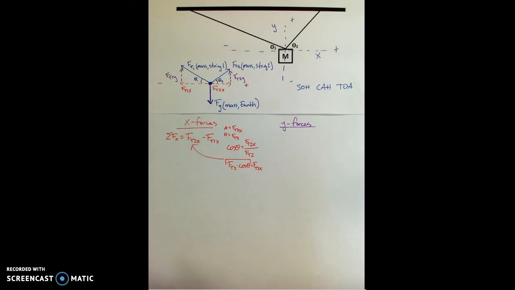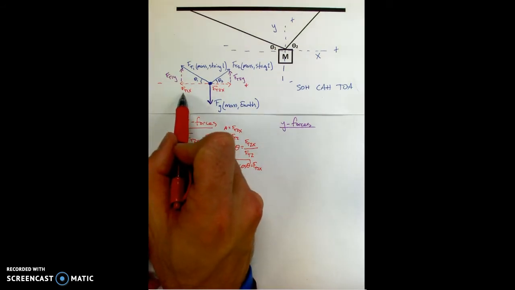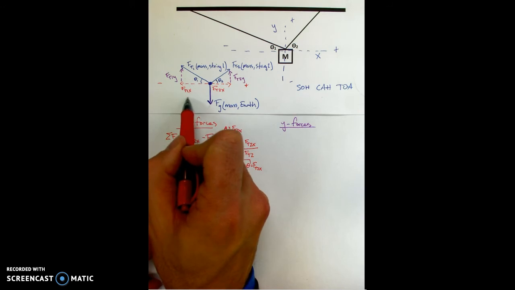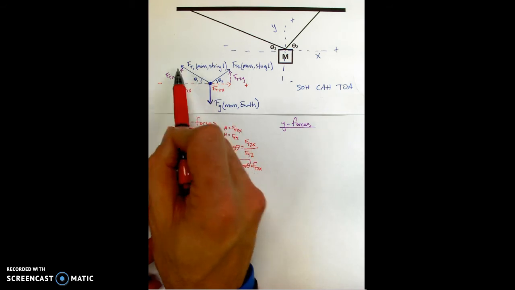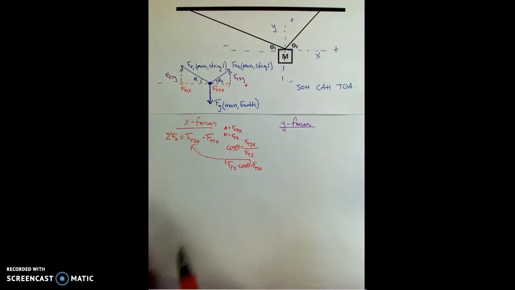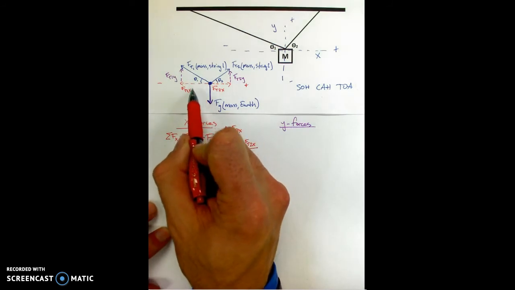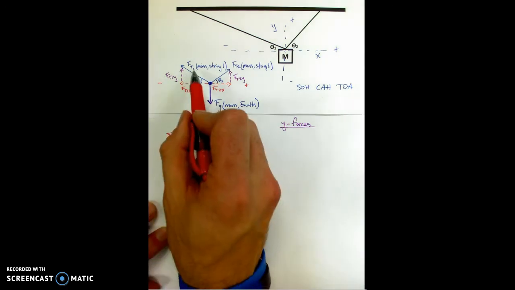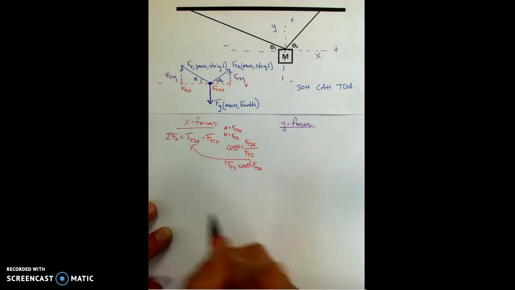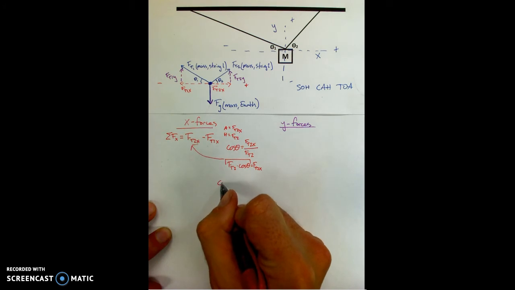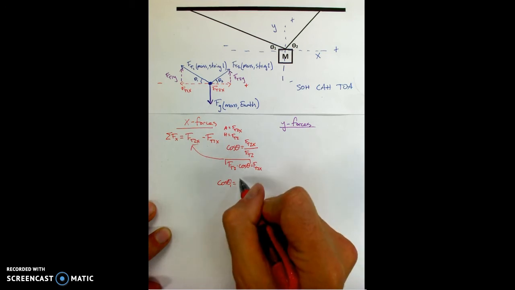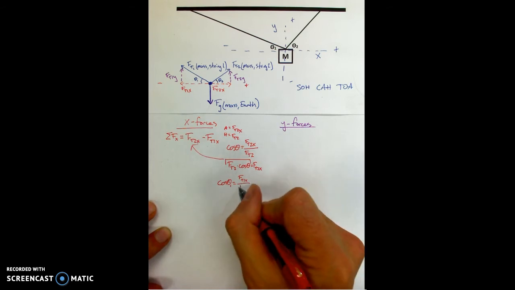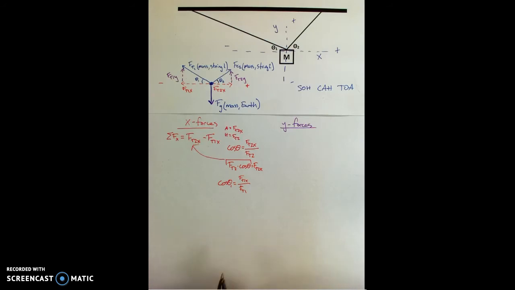So now I can take all of that stuff that I just found and plug it in there. Let's do the same thing for Ft1x. Since we can't have that because it's a force component, I need to have that in terms of my angle here, which is theta 1, and the Ft1. In a similar way, we have the adjacent side, which is Ft1x, and we have the hypotenuse, which is Ft1. So we can write another equation: cosine theta 1, that angle on the left side, is equal to my adjacent side, Ft1x, over my hypotenuse, Ft1.